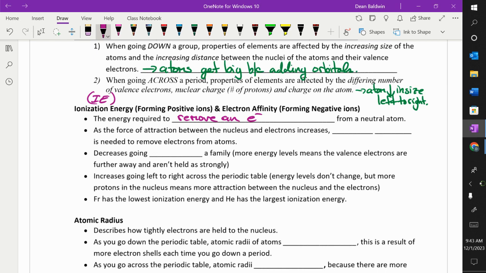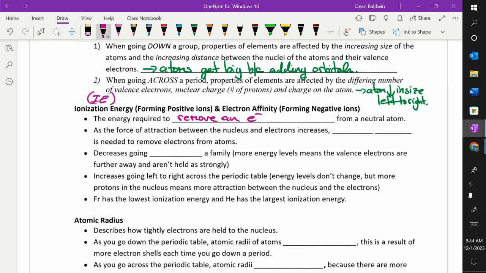So, if you are a bigger atom, here's your nucleus, and you're way out here, as compared to an electron that is right here. Which one is easier to pull off? The further one, right?